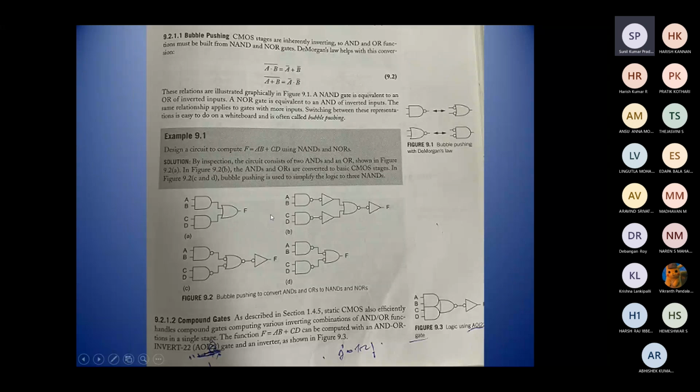Okay. So if you can see here by inspection, the circuit consists of two ANDs and an OR, as you can see in this figure. Now in this figure, the ANDs and ORs are converted into basic CMOS gates. And in this figure and this figure, bubble pushing is used to simplify the logic to three NANDs.